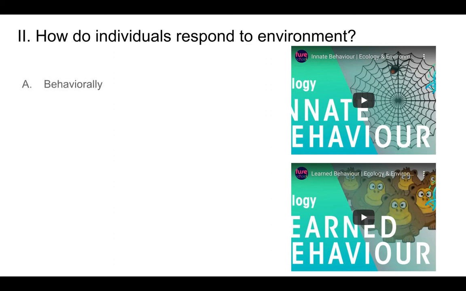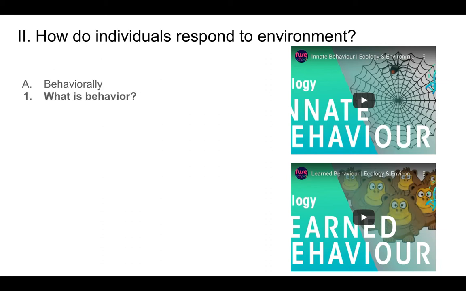So there are a couple of ways that individuals respond to their environment. They're either going to respond behaviorally with their behaviors, or they're going to respond physiologically. So those are the two primary ways in which individuals respond to their environment.